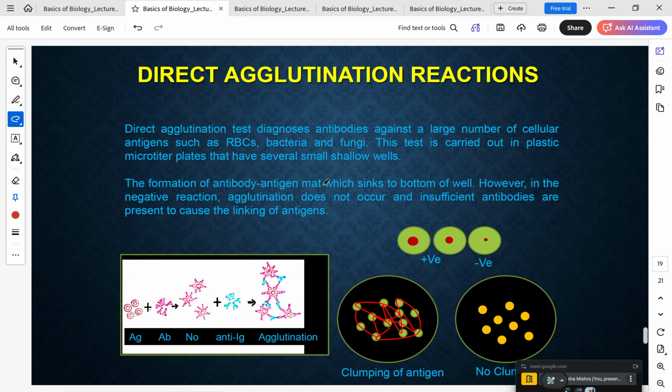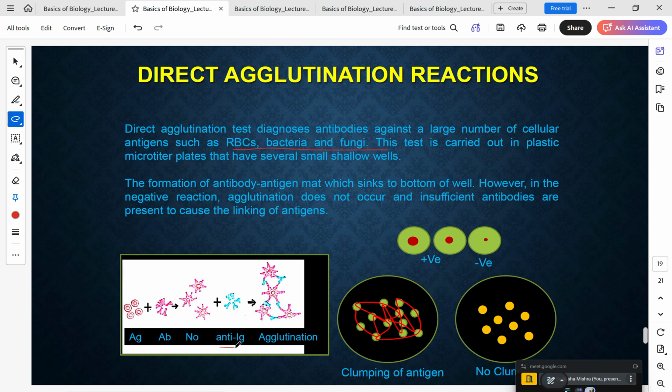Direct agglutination tests can be done against antigens such as RBCs, bacteria, and fungi. What is usually done is antigen and antibody are added, they form complexes, then you add anti-IgG which will form the agglutination complexes.